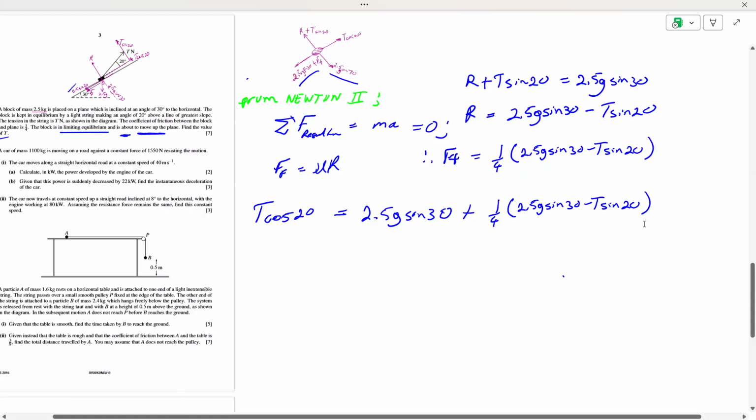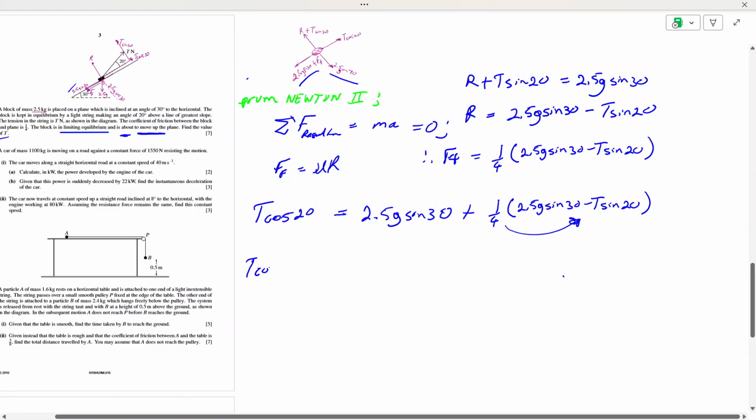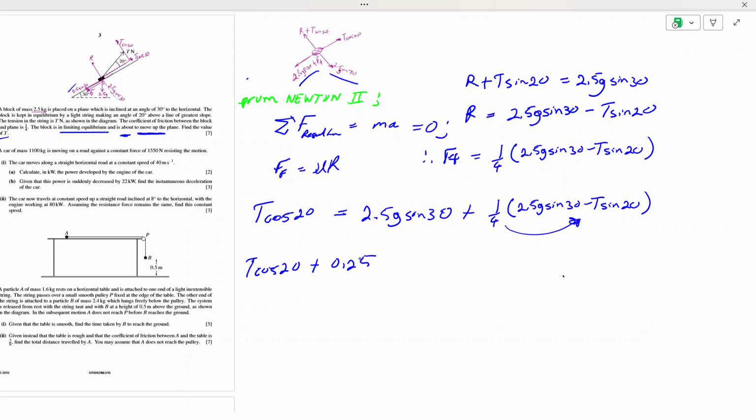And then now I can solve for the value of T. When I simplify that, I'm going to multiply the quarter in, and then take the T to the other side. I'm going to have T cos 20 plus 0.25 T sine 20 is equal to 2.5 g sine 30 plus the quarter term.